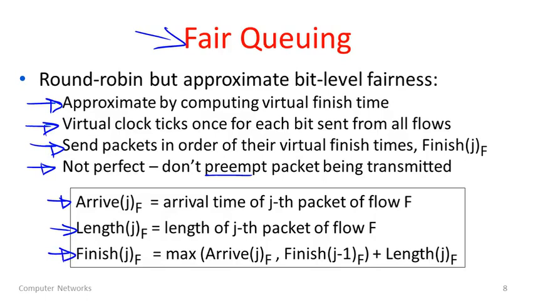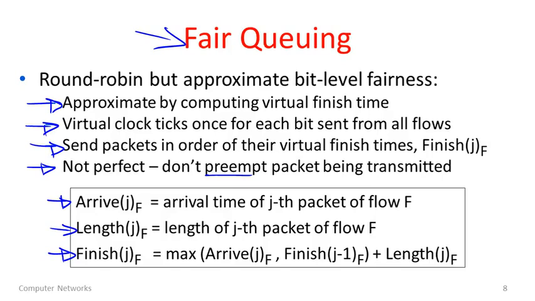Now, this looks like a little bit of a complicated formula, but it's not too bad. Let me work through it. If you just ignore the max operation and the arrive for a start, then we're saying something like the finish time of J of F is the finish time of J minus 1 of F, the finish time of the previous packet, plus the length of the current packet J of F. Well, that makes sense because we said this virtual clock ticks once every bit is sent from every queue that is full.